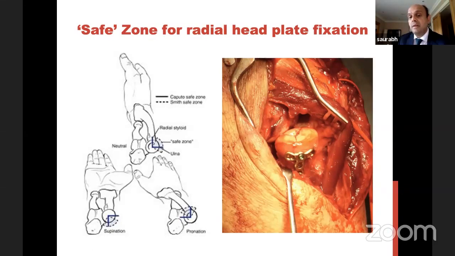We just said that if this is a 360-degree circle, the 240 degrees which comes in contact with the sigmoid notch will have a thick cartilage. This 120 degrees has a very thin cartilage. So you look at the thickness of the cartilage, that's how you orient. That's how you're going to reduce your radial head. All right.